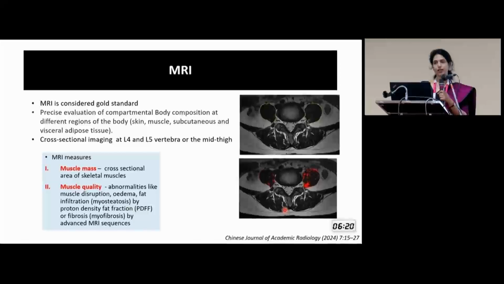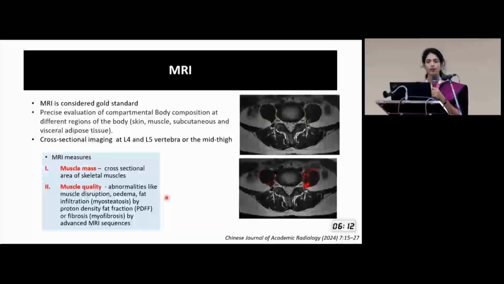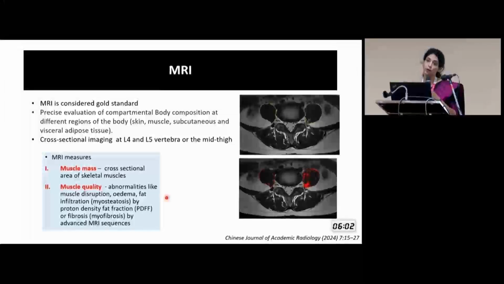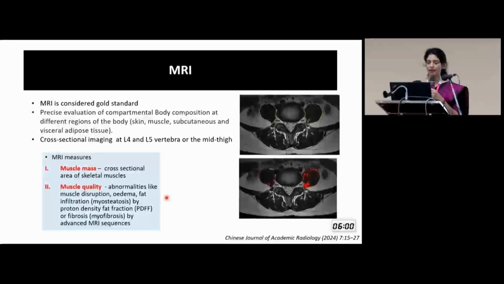Let me quickly go through the other methods which are being used for muscle analysis. CT and MRI have been considered the gold standard because here you can directly compartmentalize and precisely evaluate the muscle in that particular region. Generally they look at the cross-sectional area at the level of L4, L5, and in MRI you not only get the cross-sectional area, but you can also look at the muscle quality.